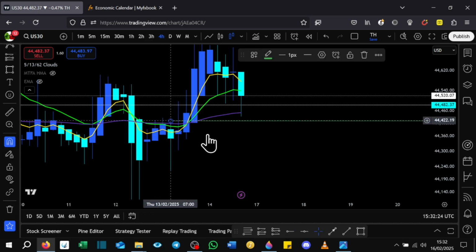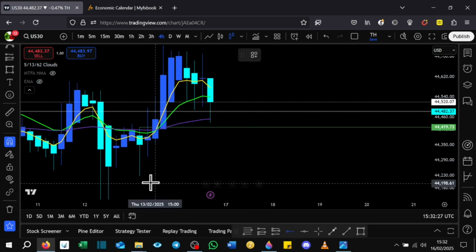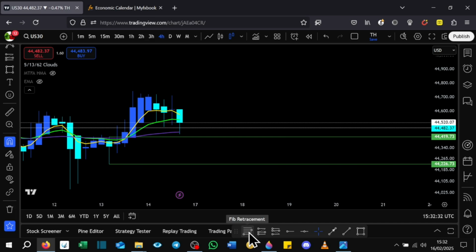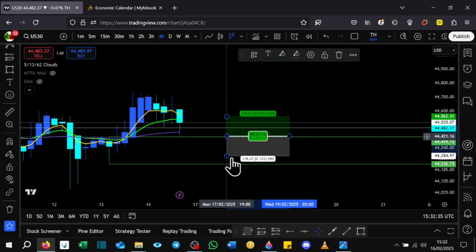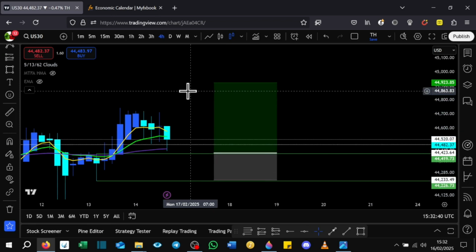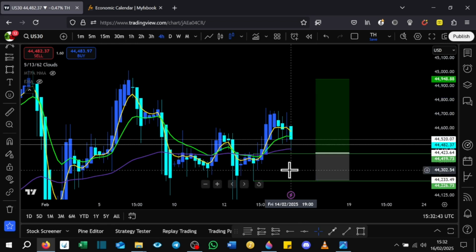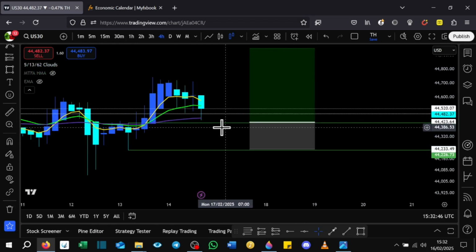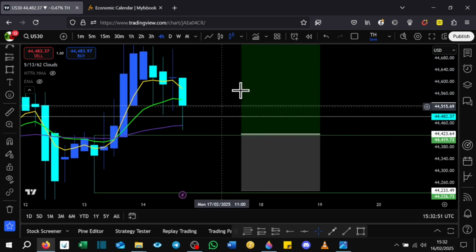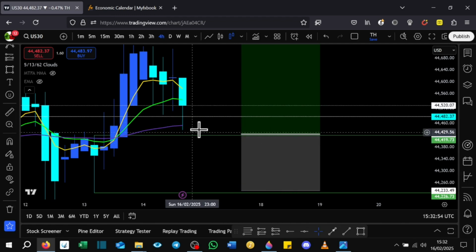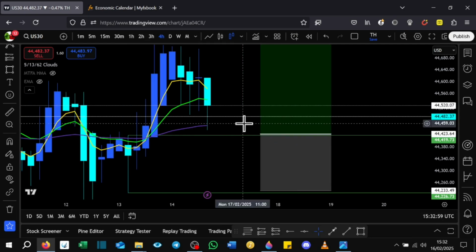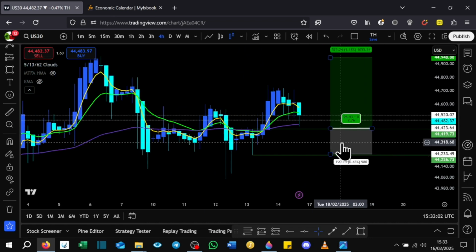So for next week on Monday, this will probably be the reversal zone for US 30, right? And on the Monday, if we do get price that comes into this potential reversal zone and it's showing signs that it's starting to move out, we can then place a buy stop on these candles that are forming, either get in on the 13 EMA or look at some other potential opportunities to get in so we don't miss this move.